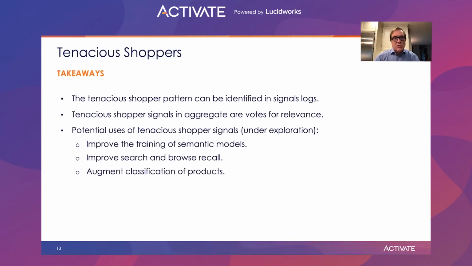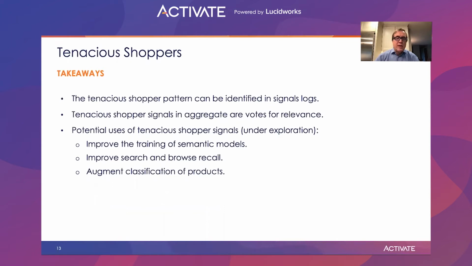So some potential uses of these signals, these things I'm exploring right now, and that is, I mentioned this, improve the training of semantic models. So looking into how to weight these tenacious shopper signals, give them a little more weight and nudge things in that direction. Also improving search and browse recall.